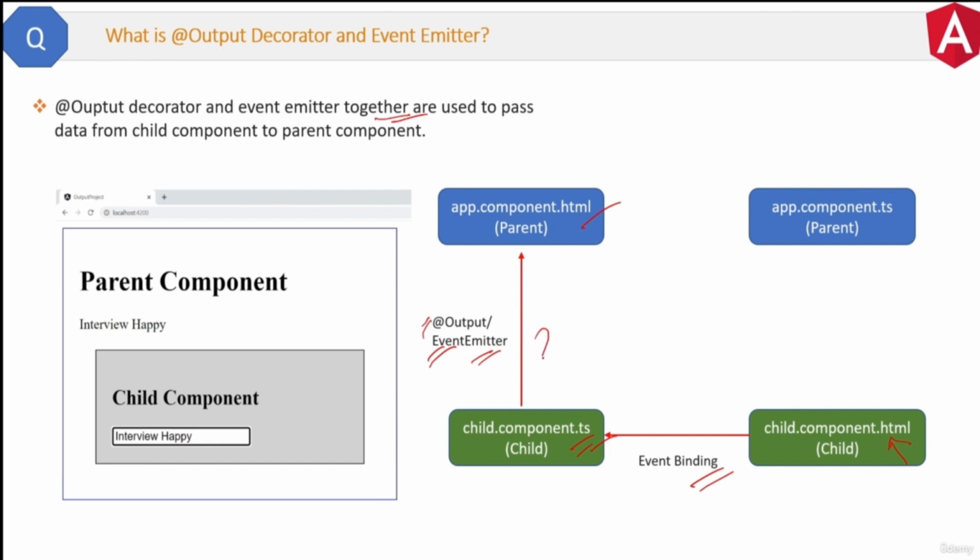And then this app component HTML will again send the data via event binding to TypeScript file, and then finally display the data in the parent app component HTML file via interpolation. So finally this is a 3-step process: 1, 2 and 3. Now let's see how to code this.